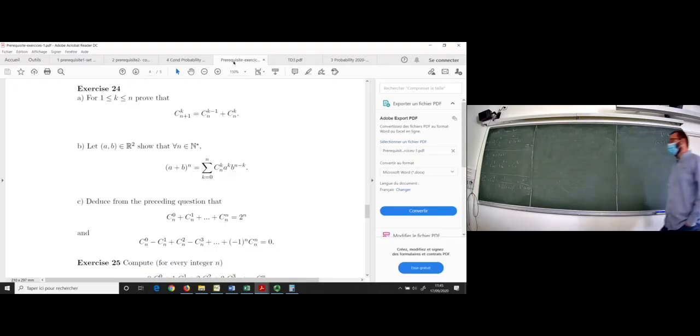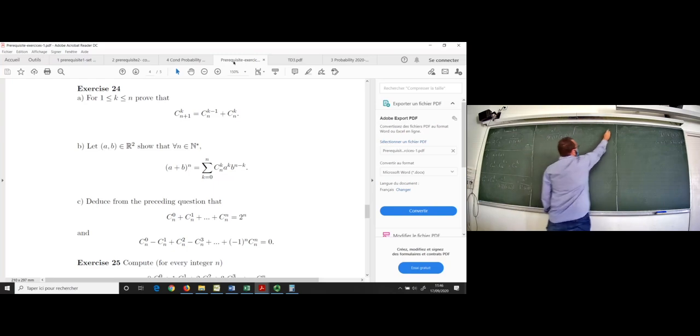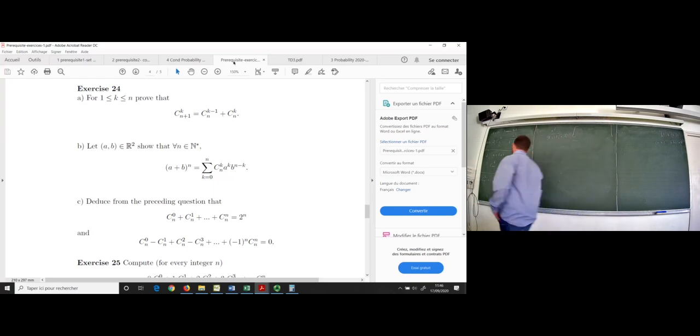If I do this, I can put things into factors. In fact, I can factor out n factorial over (k-1) factorial times (n-k) factorial. And what are the remaining terms?